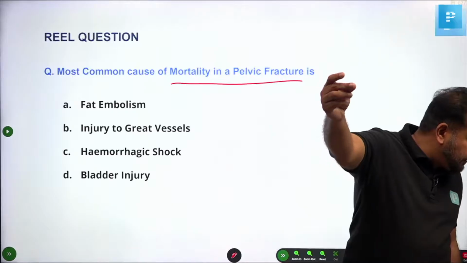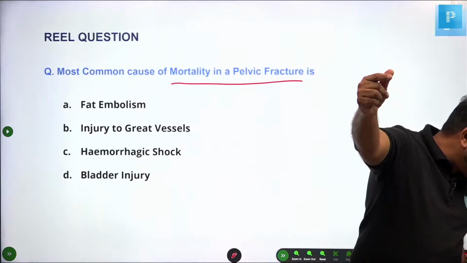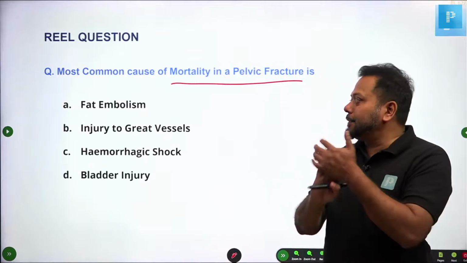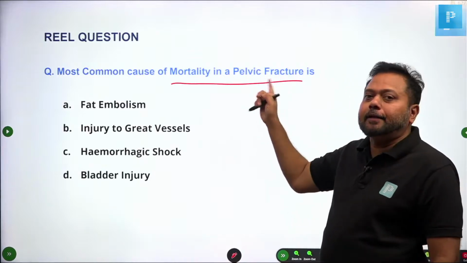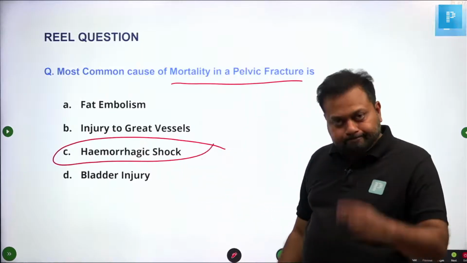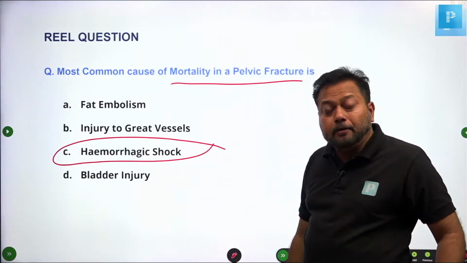Marvelous. Supriya, Dr. Bella, Pepsi, all of you have given marvelous answers. Excellent. Most common cause of mortality in pelvic fracture is hemorrhagic shock. The BP and pulse, everything will go down, hemorrhagic shock in front of you.